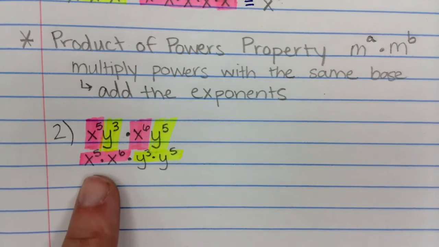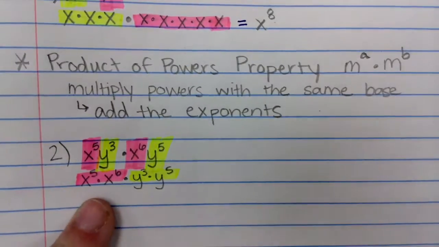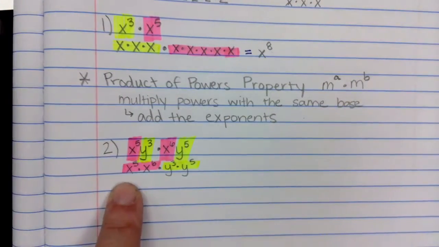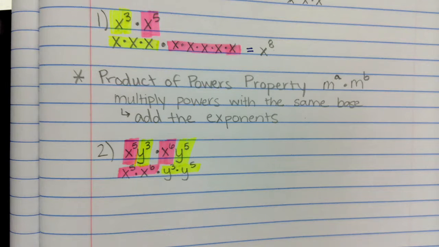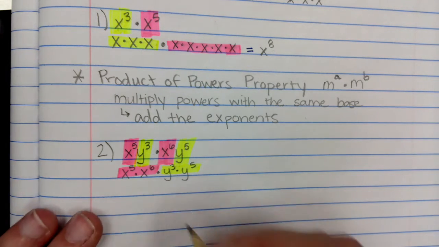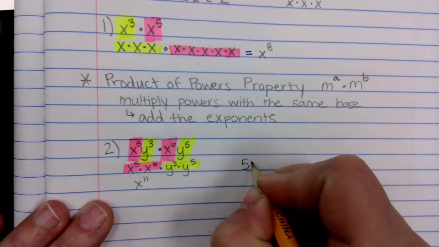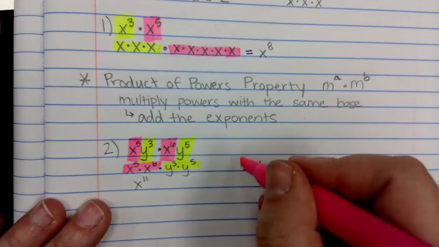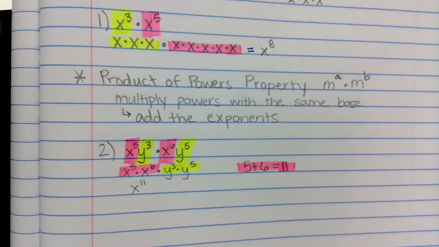Alright, so with x to the 5th times x to the 6th, we could write out, just like we did in number 1, the number of x's and the number of x's and figure it out. Or we can kind of visualize that. If I have 5 x's and then 6 more, how many x's total will we end up with? 11. How did you get 11? So for my pink, I did 5 plus 6 equals 11.